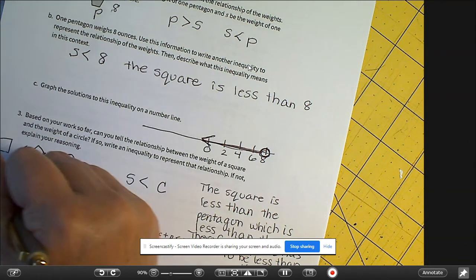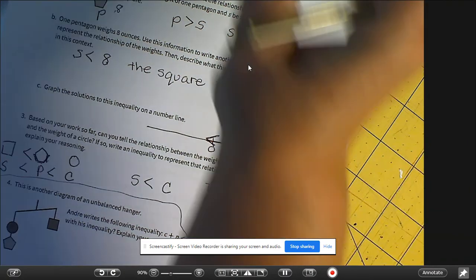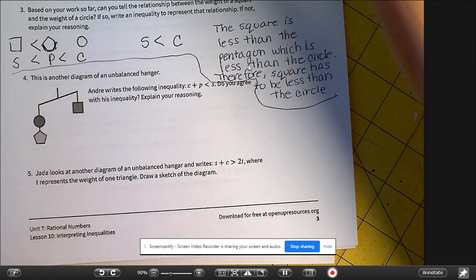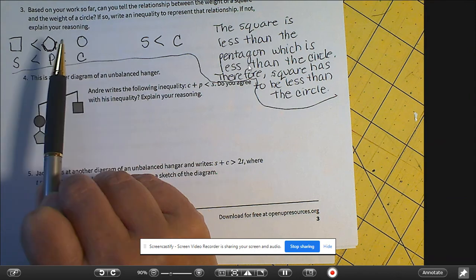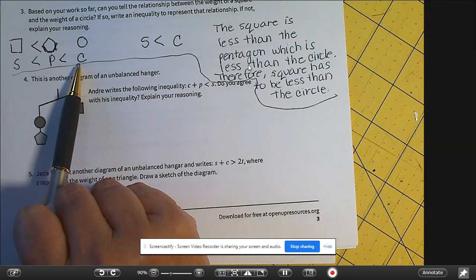All right, so I'm going to put a line here so I'm not looking at that when I'm looking at number 4. Sorry if you couldn't see that. There you go. So we're saying that the pentagon was less than the circle and the square is less than the pentagon, so the square has to be less than the circle.